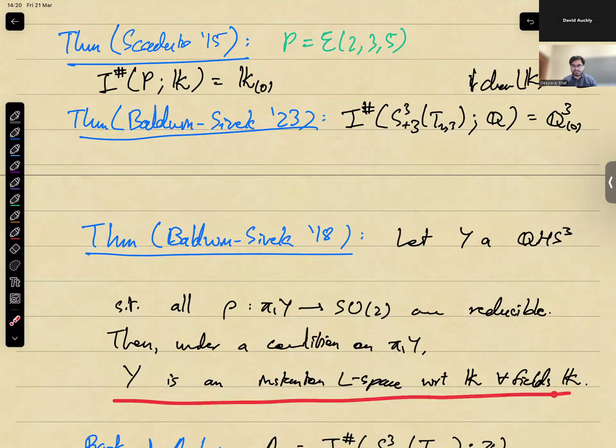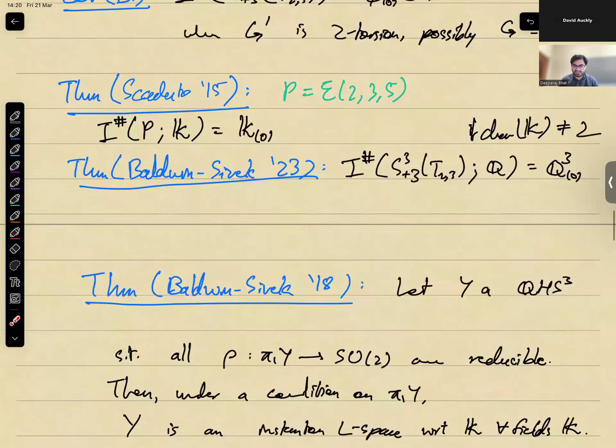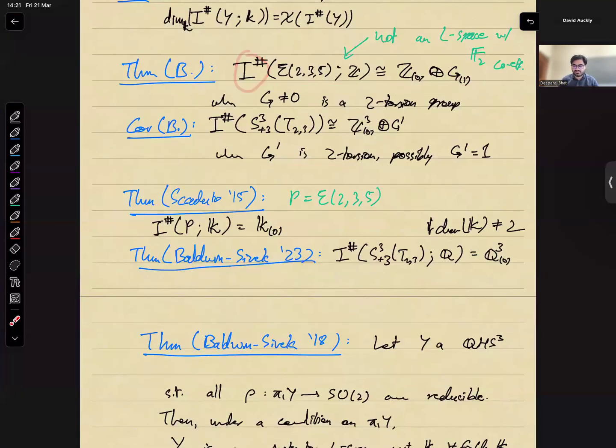So in a sense, you can think of this result as saying that instanton homology does recognize that the Poincaré homology sphere's fundamental group admits an irreducible SU(2) representation. Just to recall, this is a quotient of SU(2) by a finite group, and that finite group gives an irreducible representation.